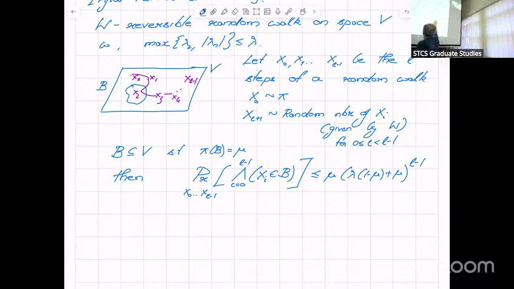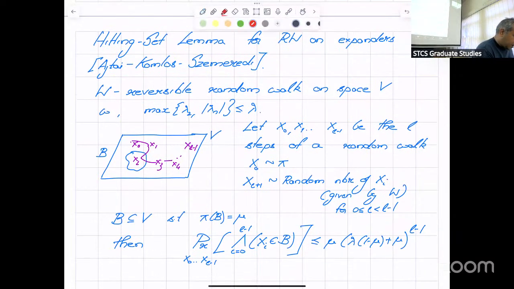So this is almost like that, except that the first step is with probability mu. That's clear, this is why x0. It says the next steps, even though they are not independent, are not going down like mu to the power L minus 1. It's going down by a slightly larger number, but still some number less than 1. Once again, notice this is a number less than 1 because this is a convex combination of mu and 1 minus mu, so it's a convex combination of lambda and 1, which is less than 1 because lambda is. Okay, so this is the hitting set.